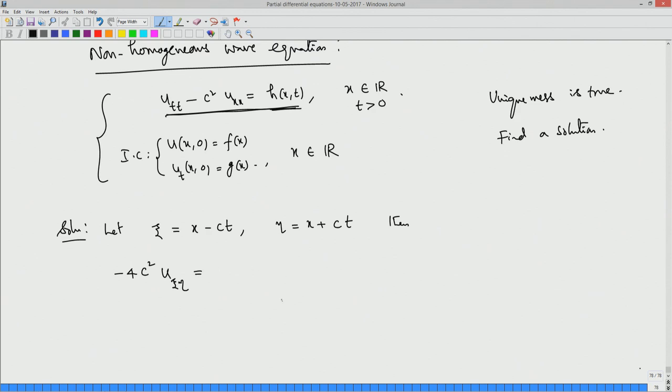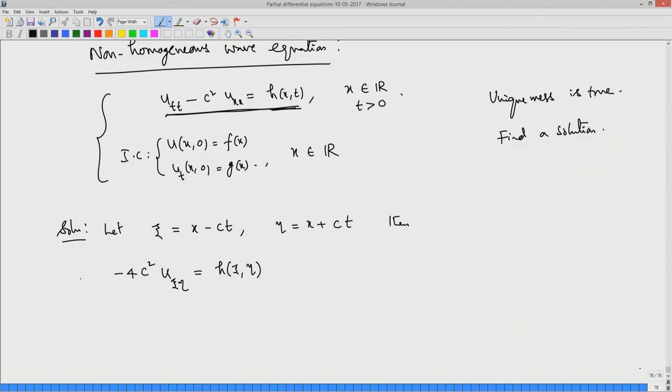In h of x and t, you replace x and t with x equal to xi plus eta by 2 and t equal to xi minus eta by 2c. So finally you have h in terms of xi and eta.